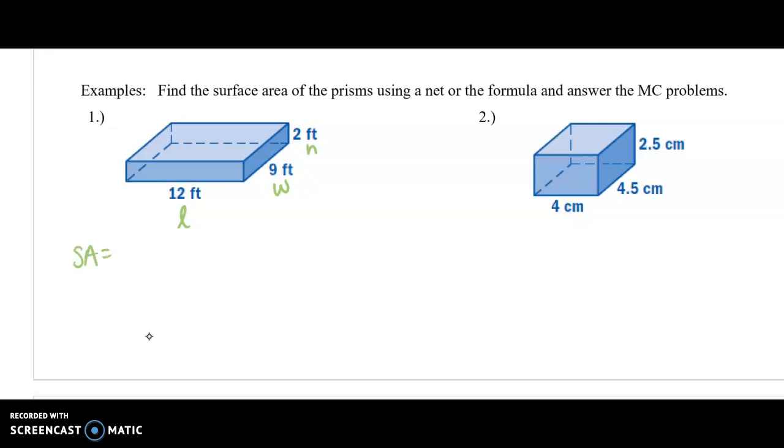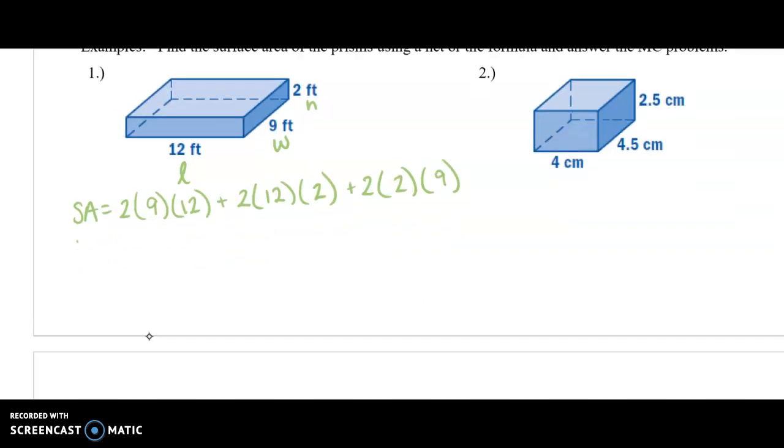Surface area is equal to 2 times the width, which is 9, times the length, which is 12, plus 2 times the length, which is 12, times the height, which is 2, plus 2 times the height, which is 2, and the width, which is 9. Okay, the order in which you do it does not matter as long as you get all 3 of those parts.